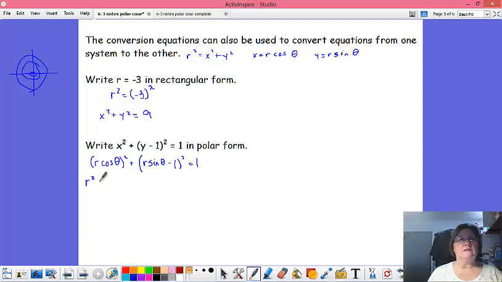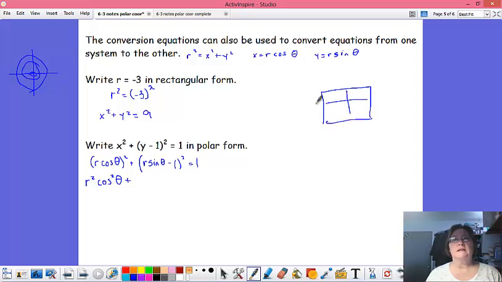R squared cosine squared theta plus, and now I can square this one. I'm going to use the box method or FOIL, whichever method you choose. I'll show the box real quickly, but we're doing r sine theta minus 1 in both directions. We're squaring it.